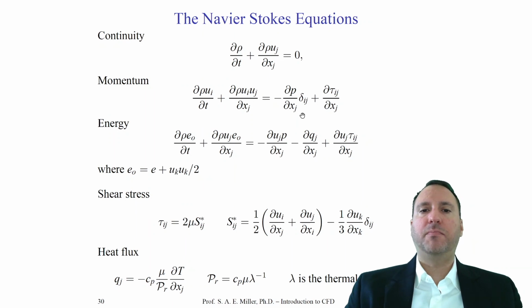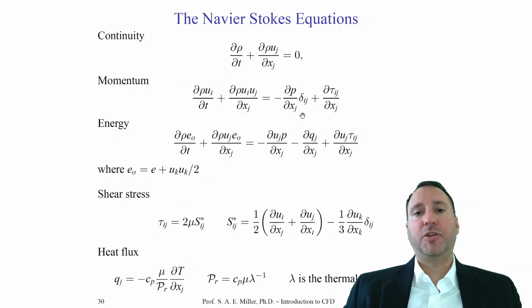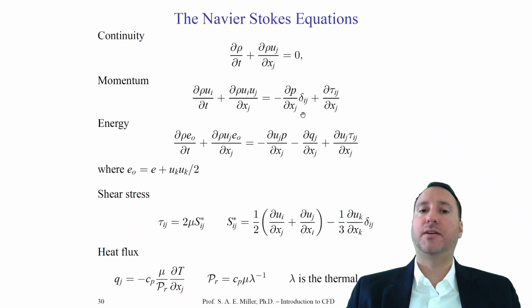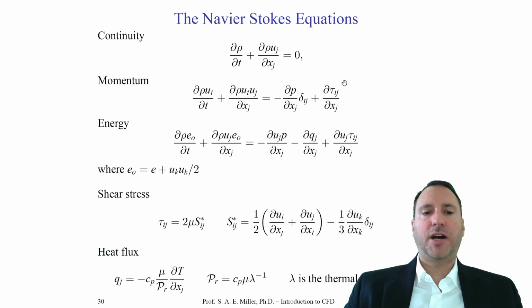So this term, if we expand it out in this particular equation, would be partial p partial x1 times delta 1,1, which is 1, plus partial p partial x2 delta 1,2, which would be 0, plus partial p partial x3 delta 1,3, and delta 1,3 would be 0. Recall the properties of the Kronecker delta function. Of course, this is all multiplied by negative. Tau sub ij, of course, is the stress tensor.